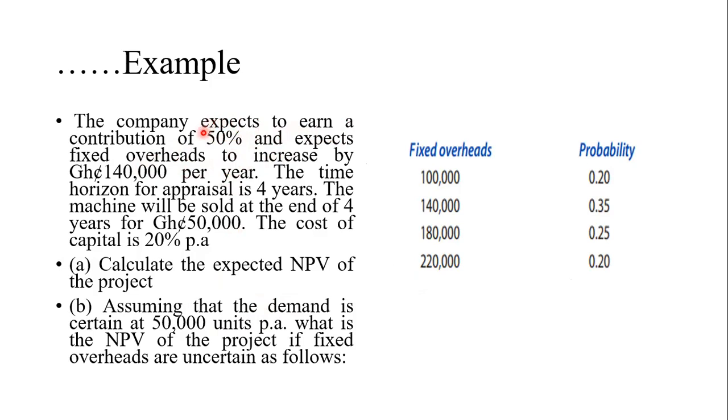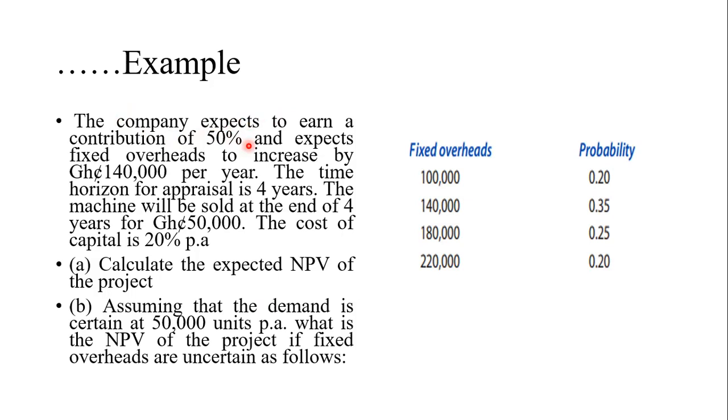A contribution of 50% means that if you made sales of 100, your contribution is 50. So your variable cost is going to be half of your sales. Let me take that again. The company expects to earn a contribution of 50% on sales.